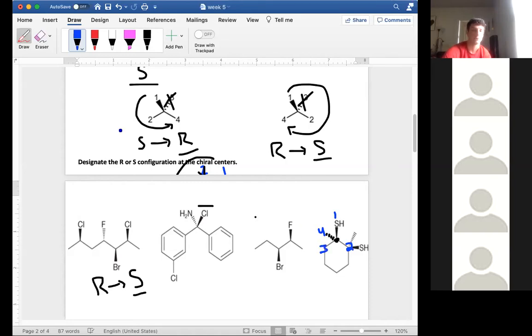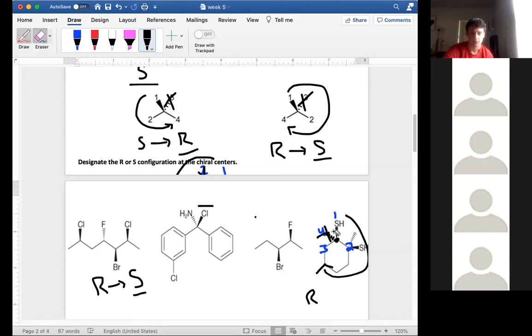All right, so we cover what's in the back. 2, 3. So which way are we turning the wheel? R or right? Do we have to flip it? No. So that chiral center is R.